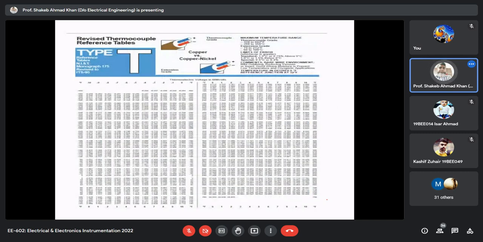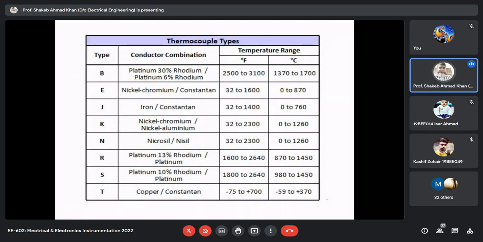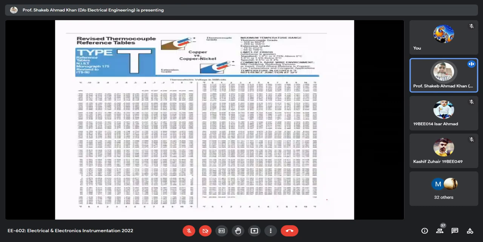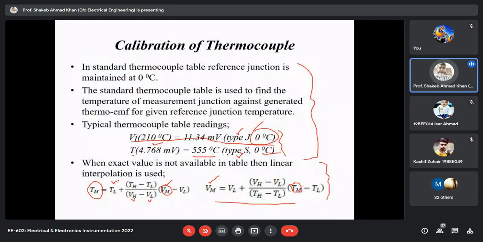Third is calibration. This is treated as a calibration table, a standard available online nowadays for any type of thermocouple. What the table requirement is, how to read the table, and how to interpolate it are all absolutely necessary knowledge if you are using a thermocouple as a temperature sensor.